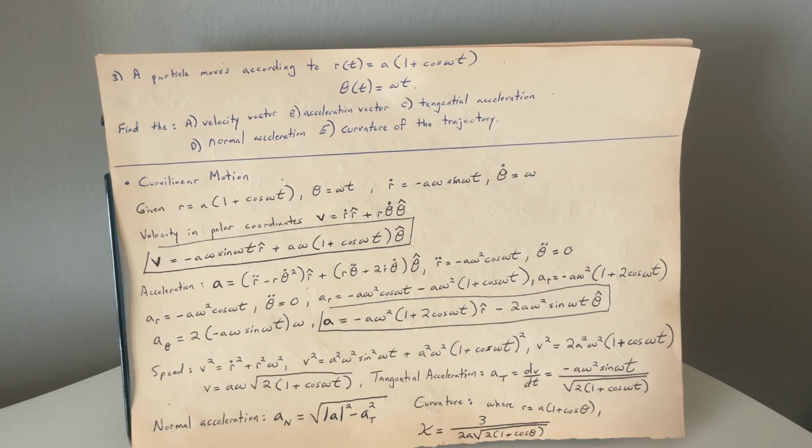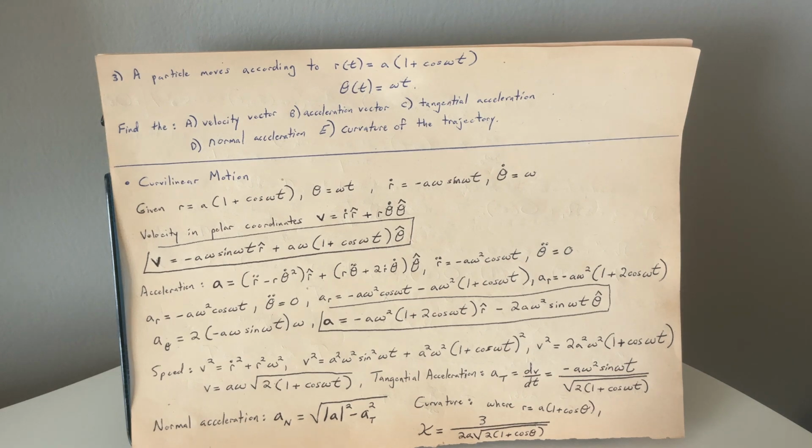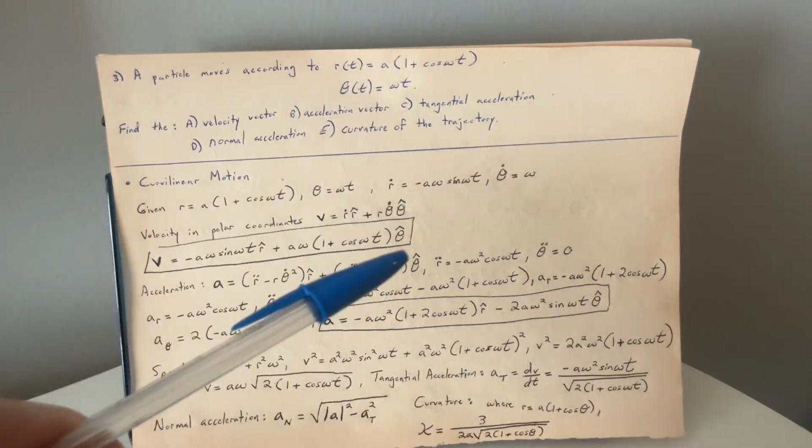So velocity in polar coordinates is v equals r dot r hat plus r theta dot theta hat. So our velocity is v equals negative a omega sine omega t r hat plus a omega times the quantity 1 plus cosine omega t, that times theta hat.